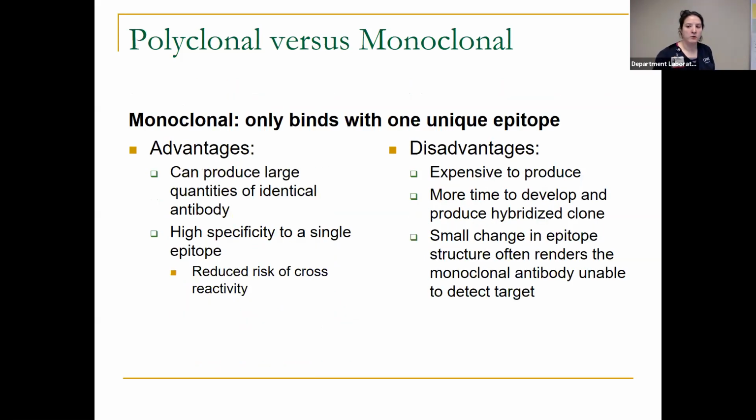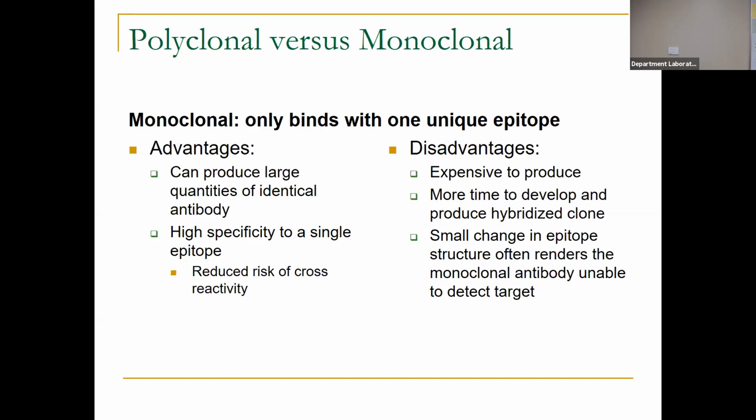And then your monoclonal is very specific for one epitope. It can be produced in large quantities of an identical antibody, so we typically do not see that cross-reactivity. That's why a lot of clinical blood bank labs are going to the monoclonal reagent. That's what's most commonly used now, very highly specific for a single epitope of your antigen. However, it's very expensive and takes more time to develop because you're using hybridoma technology.